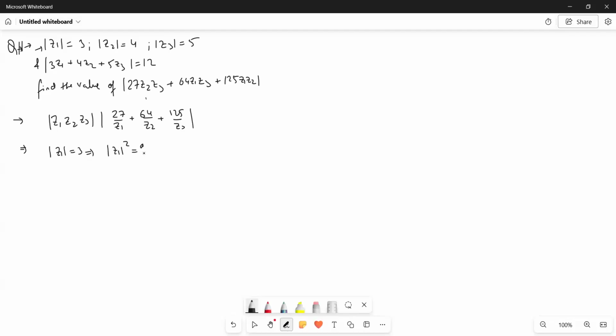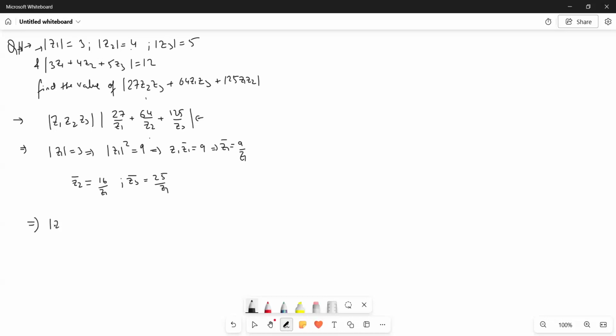Mod Z1 square is equal to 9, which would be like saying Z1 into Z1 bar is 9, or Z1 bar is equal to 9 by Z1. So following the same example, second वाले से आ जाएगा Z2 bar would be 16 by Z2 and Z3 bar would be 25 by Z3. So we take those values and इसमें use करेंगे.